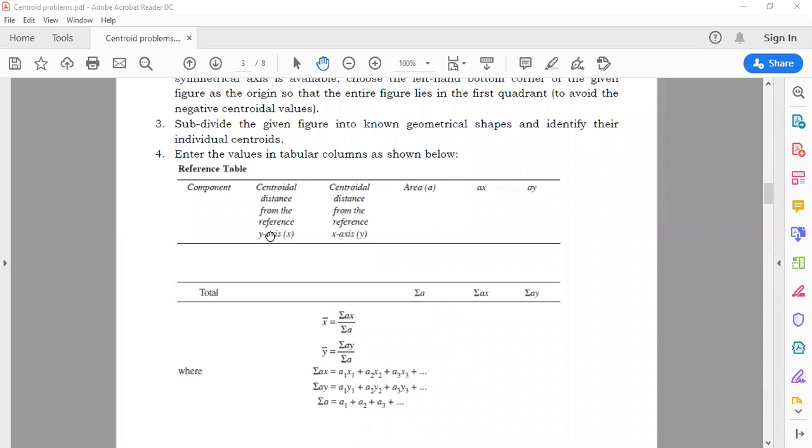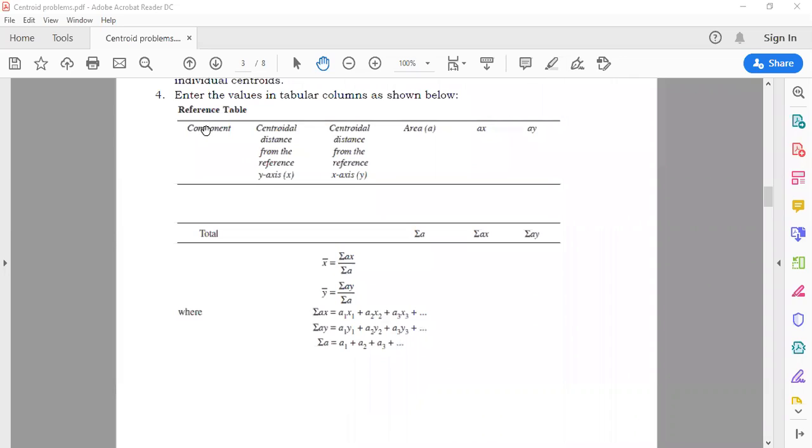The first column is the component, that is which common geometric figure it is. In the second column, you have the centroidal distance from reference y-axis, which is x bar. So x bar is measured from reference y-axis. Next column is y bar, which is measured from reference x-axis. Then individual area.